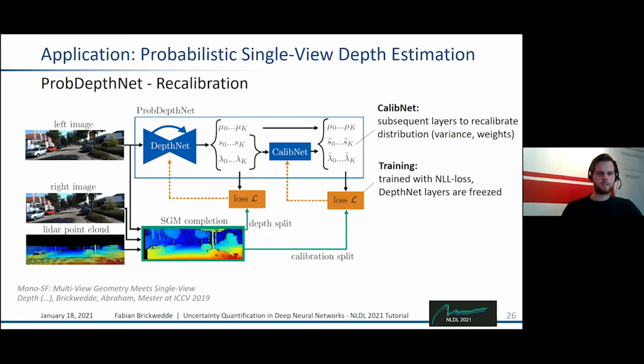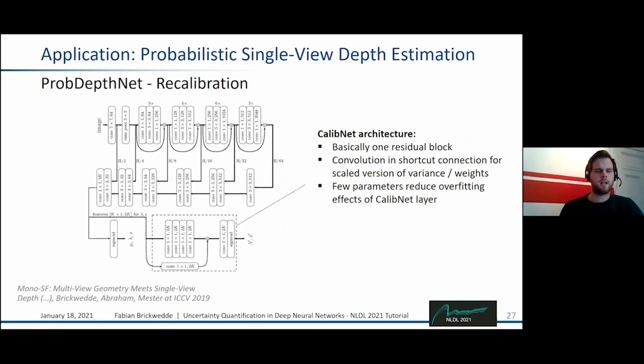And the trick that calibrates the variances and weights is that these CalipNet layers are trained on a different split, which was never seen by the DevNet. So the DevNet cannot overfit on the calibration split, and therefore the distributions estimated on this holdout split are much more representative for the data in general. The CalipNet is basically one residual block, so even if it looks like an additional network, it's just a few layers and does not introduce too much overhead.